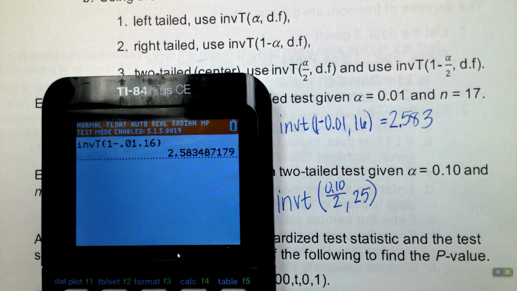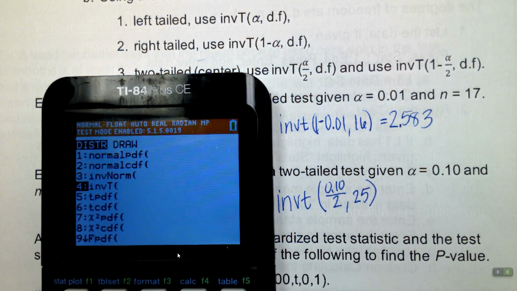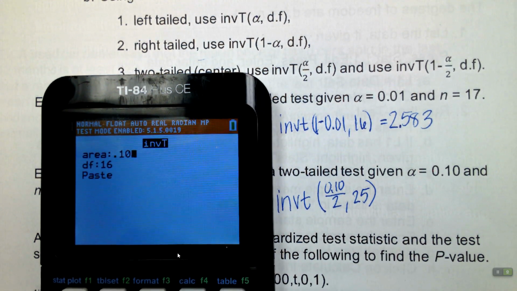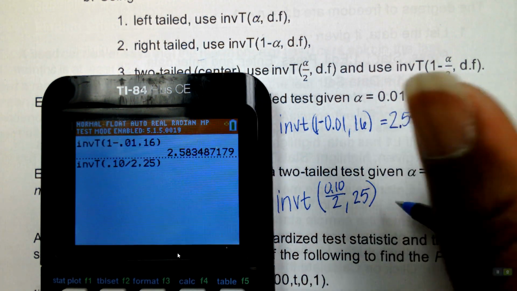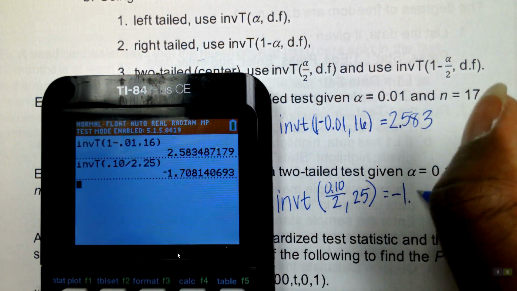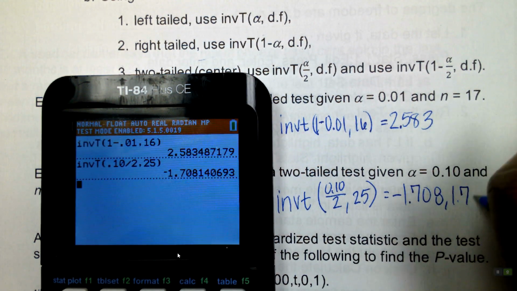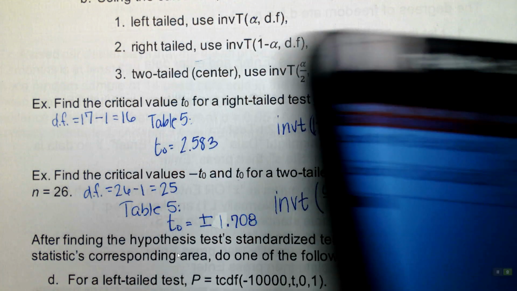So this is inverse T: 0.10 divided by 2, and then our DF is 25. Again, this will give us the negative one, but we're just going to make it negative and positive because two-tailed means we have a left and a right.